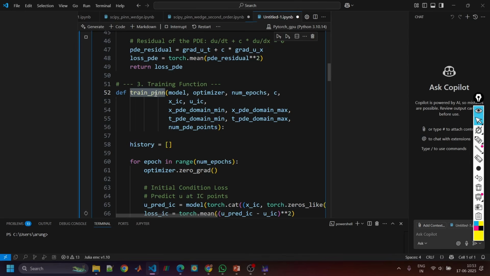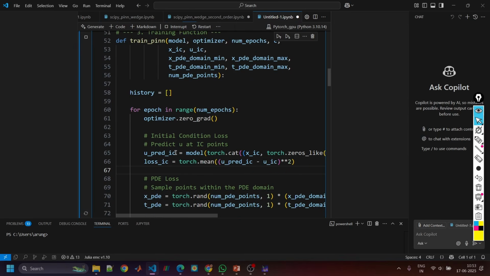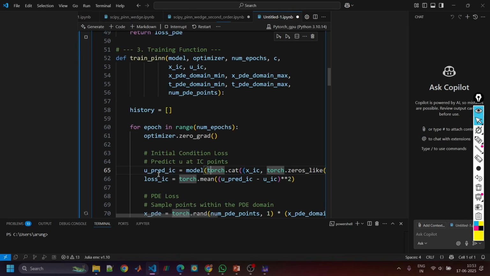So this is the training function. This array is to see the convergence curve over time or iterations. They have cleverly used the model to calculate the initial condition. So in the model function, if we specify t equal to 0, it should give the initial condition.